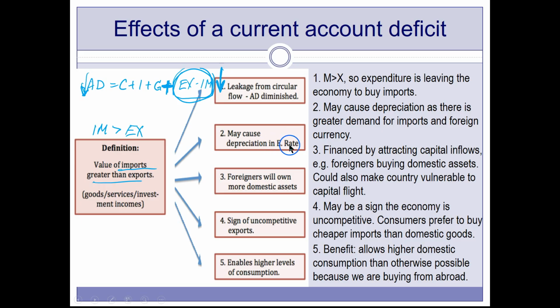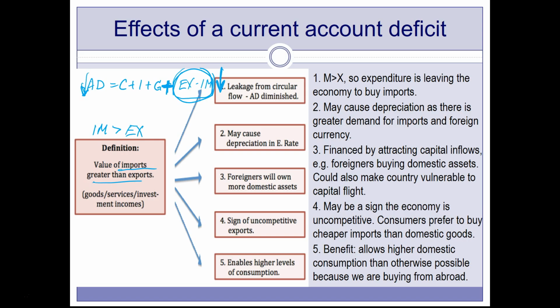Apart from this, a current account deficit, an excess of imports over exports, may cause depreciation in the exchange rate. We'll cover this in a little more detail at the end of this week, when we'll cover the factors which move exchange rates. Basically, when you are buying lots of imports, you will need to pay for them. You will need to pay for these imports by exchanging pounds into foreign currency.